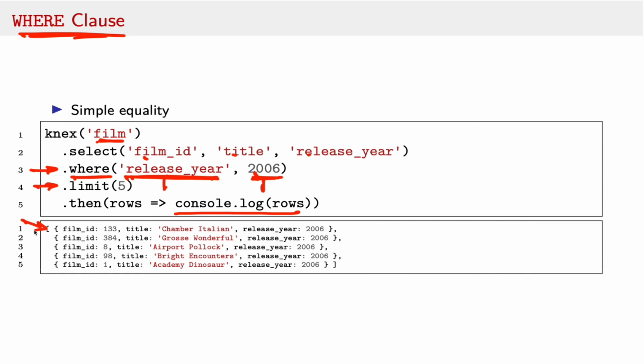So again, it's an array containing objects, and those objects have the attribute names as the columns and then the corresponding values from that row. And you can see, of course, that all of the release years that we're getting are 2006, which is evidence that this where clause is being observed.